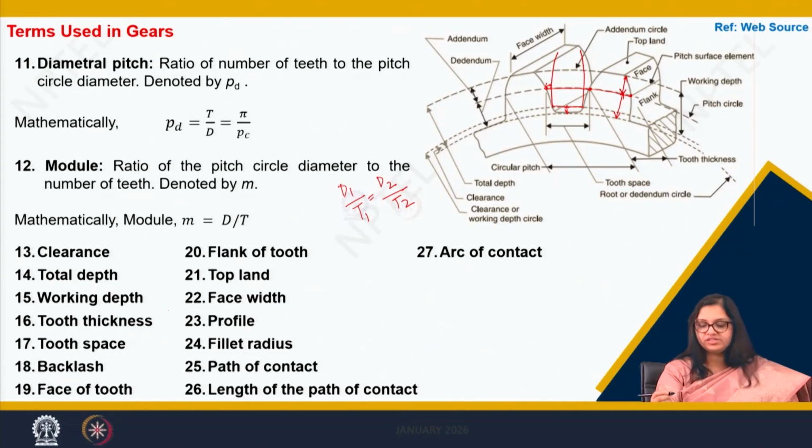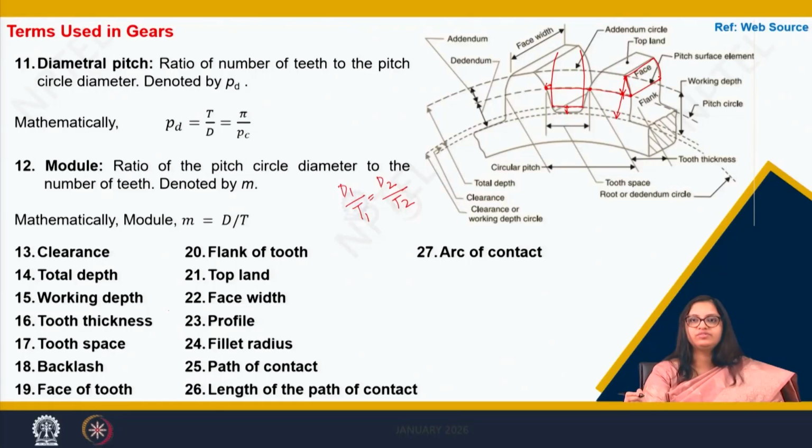Now what is the face of the tooth? When we talk about the surface of this tooth above the pitch circle, we call it the face of the tooth. So this line is the pitch surface element. Now the surface of the tooth below the pitch surface element, we call it the flank of the tooth.